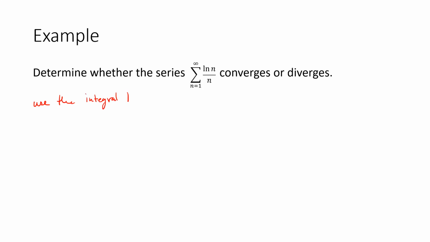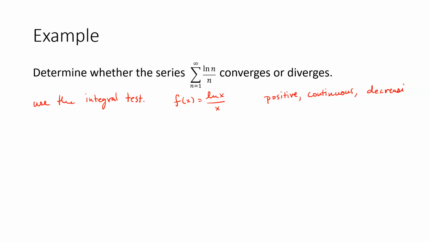The first thing I'll check is if the function f of x equals ln of x over x is positive, continuous, and decreasing on the interval from 1 to infinity.